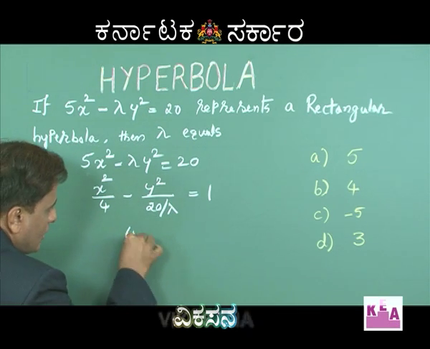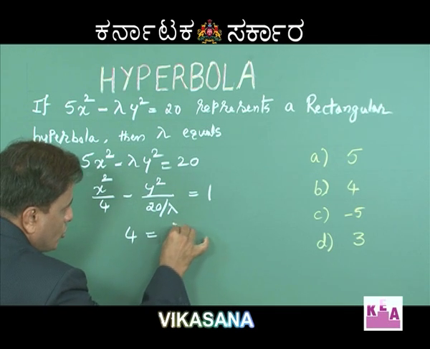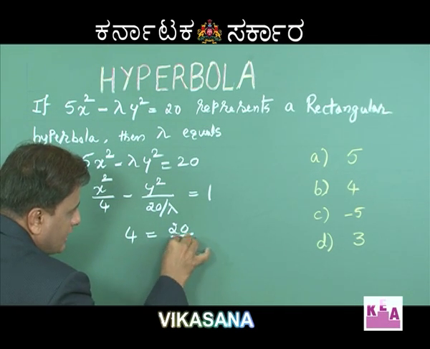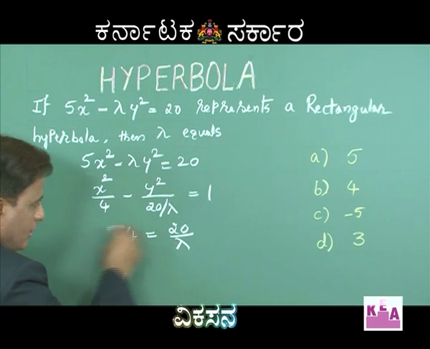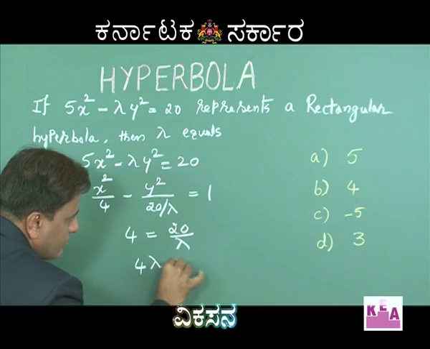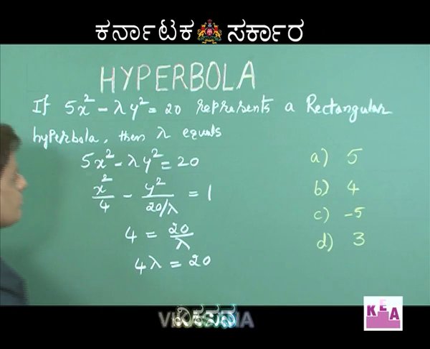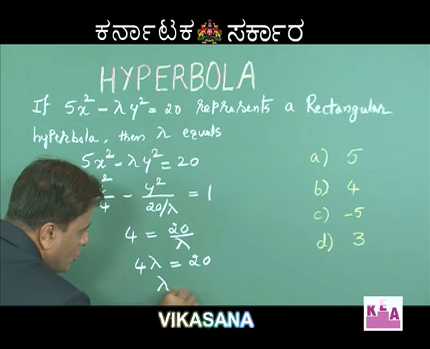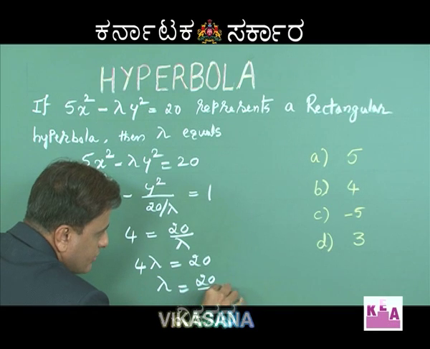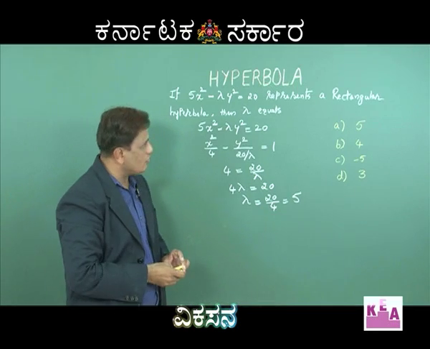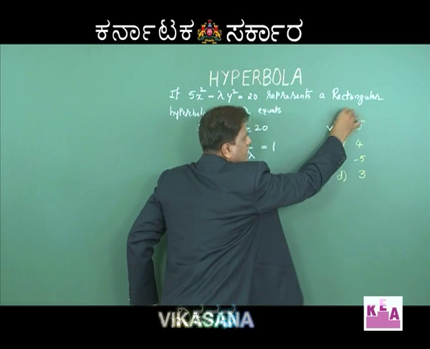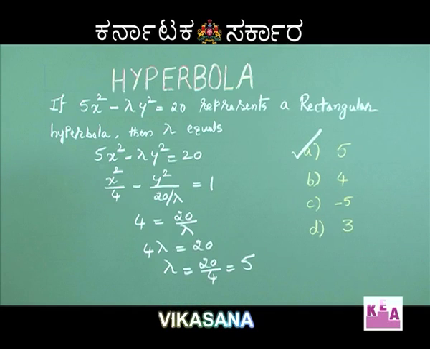So, 4 is equal to 20 by lambda, 4 lambda is equal to 20, and lambda is equal to 20 by 4, which is equal to 5. Again the option A is correct. Please note down this example.